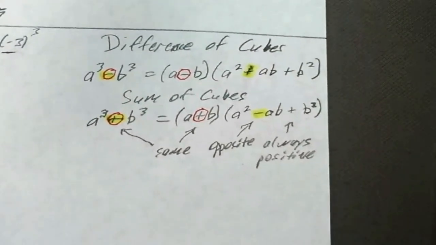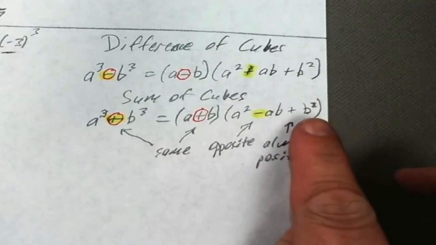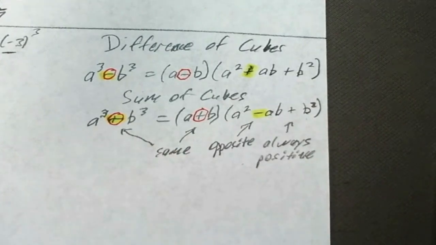That's the only secret to it. Otherwise, it's just ab, a squared, ab, b squared, and the signs just depend on the sign of the original cubes. What signs between there? Same, opposite, and always positive on the last one, regardless.